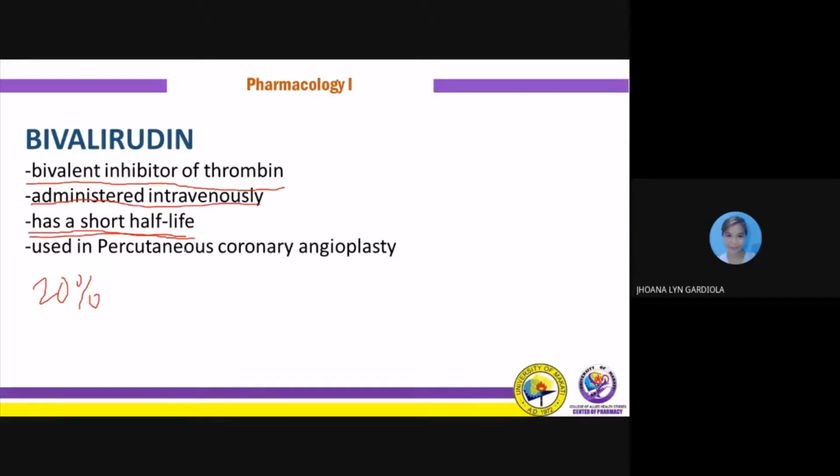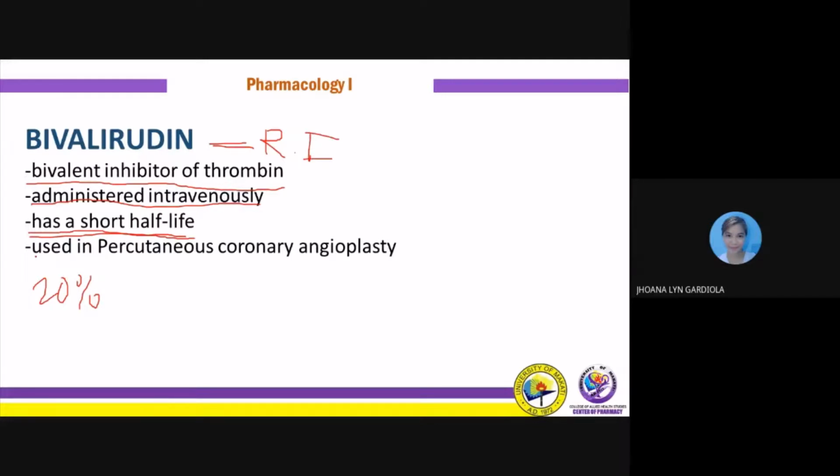So, i-adjust natin yung dose ng bivalirudin if the patient has a moderate renal insufficiency. Because bivalirudin is contraindicated in patients with severe renal impairment. Mako-contraindicate niya yung mga patient na may severe renal impairment.